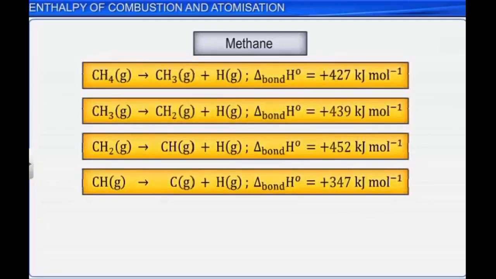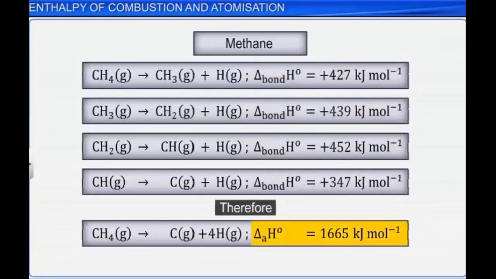The energies required to break these bonds are successively plus 427, plus 439, plus 452, and plus 347 kilojoules per mole, respectively. The total energy required is plus 1665 kilojoules per mole.